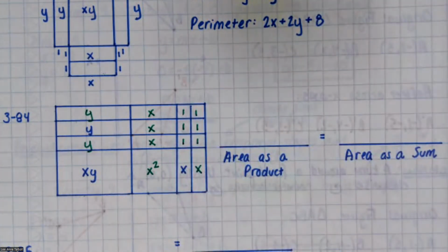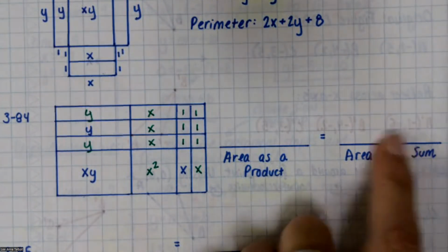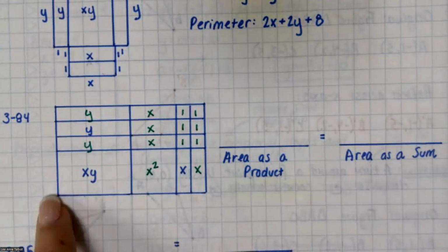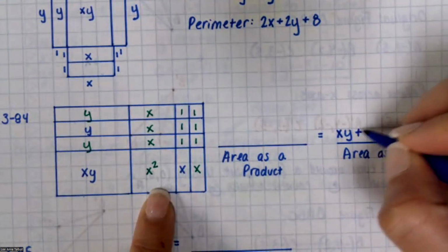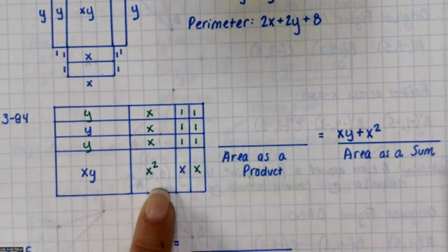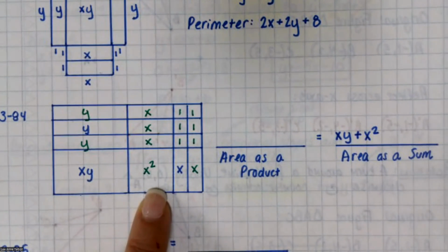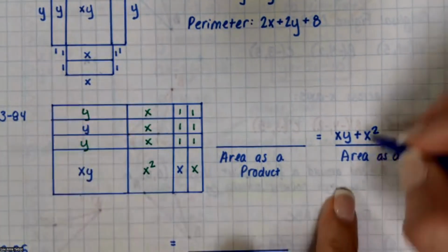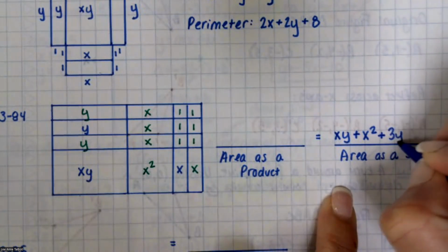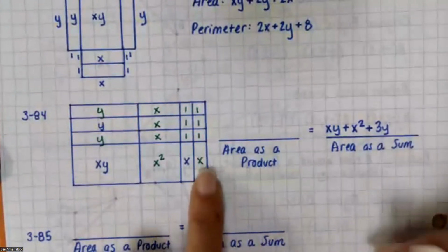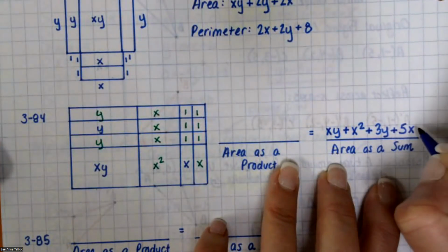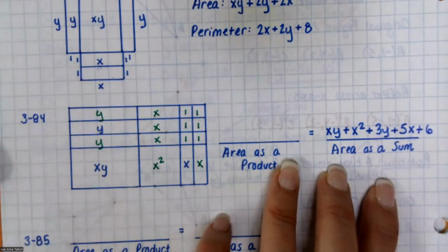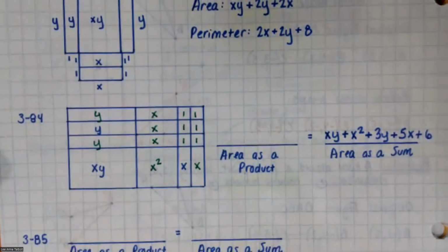are ones. Okay, so when we write the area as a sum, all we need to do is just add up the type of tiles we have. So we have one XY tile, one X squared tile, 3 Y tiles, 5 X tiles, and 6 ones tiles.